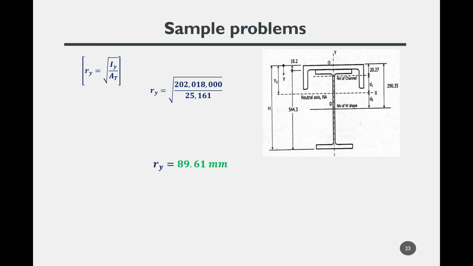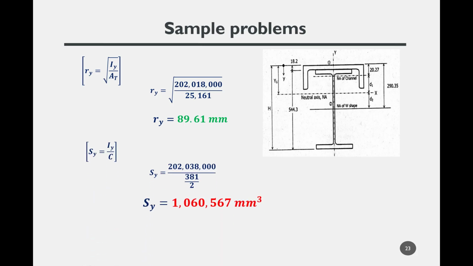For the Ry, we can get the value of Ry that is 89.61. Kadalasan kasi given naman doon sa table, sa code. Hindi mo pwede palitan. So, makukuha naman sa Sy is 1,060,000 millimeter cube.